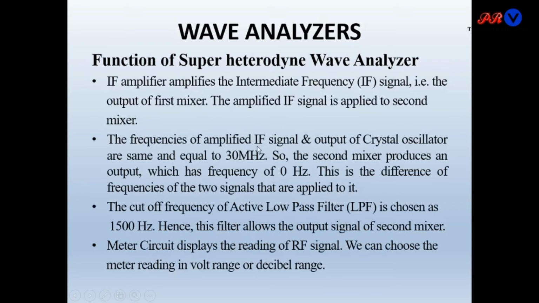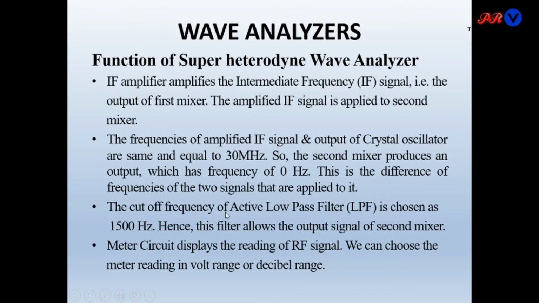The frequency of the amplified IF signal and the output of the crystal oscillator are the same, 30 megahertz. So, the second mixer produces an output which has a frequency of 0 hertz. This is the difference of the frequency of the two signals that are applied to it.